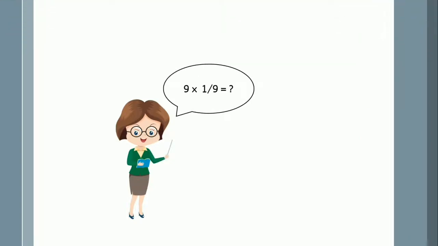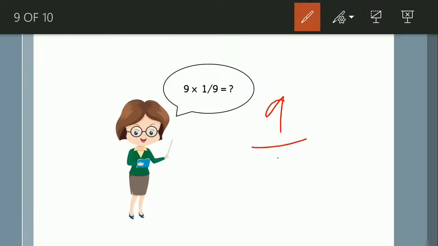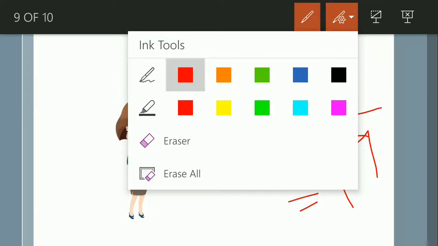Next one is 9 into 1 by 9. What will happen? See, here 9 is a number and also it is a fraction. How? Because we can write it 9 by 1. So, 1 by 9 is the reciprocal of 9. When we multiply it, what we get? Priyanka? Good. We get 1.